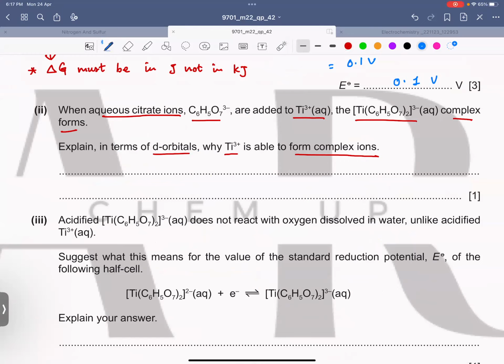So basically, if you recall titanium 3 positive ions electronic configuration, it is only 3d1, which means that there is only one electron over here, and the rest of the d orbitals are vacant or empty.